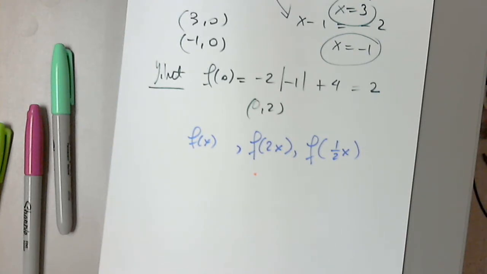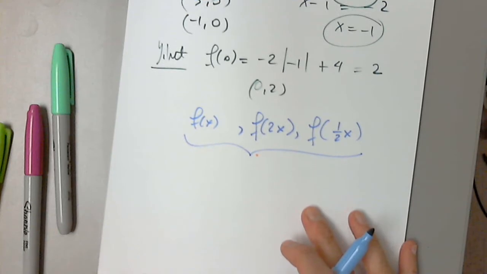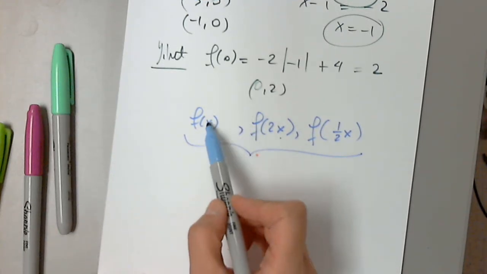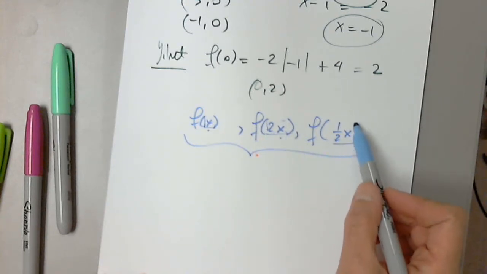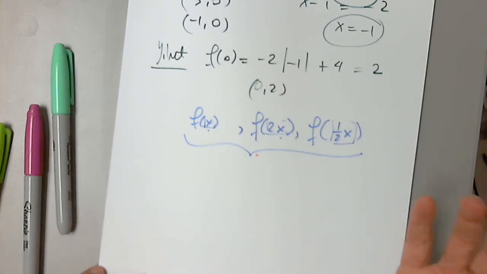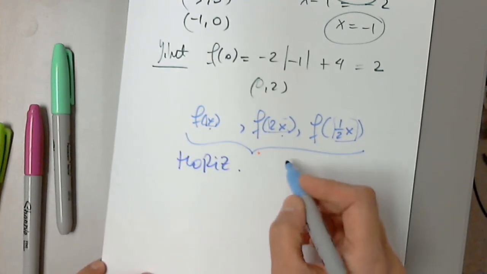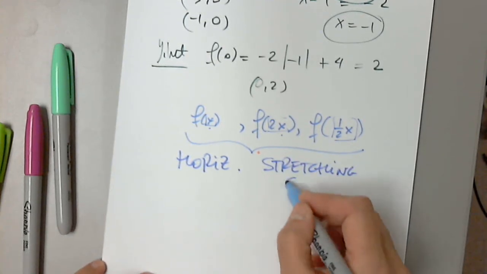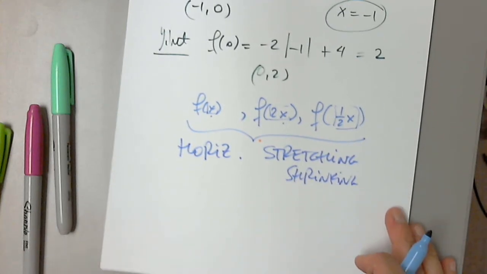The purpose of doing this is to identify horizontal stretching or shrinking. Obviously, it's a transformation on x, right? From having plain x, now all of a sudden I have twice x, or I have 1/2 x. So this must be a transformation on x. So this is horizontal stretching, shrinking. But which one is it?